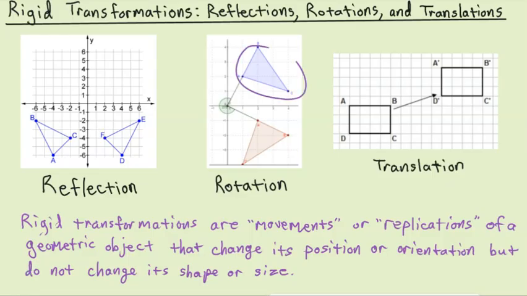So the orientation has changed and the position has changed, but the size and the shape of the object are the same. And because the size and shape did not change, the two objects are congruent. And remember, congruent means having the same shape and the same measure or the same size.